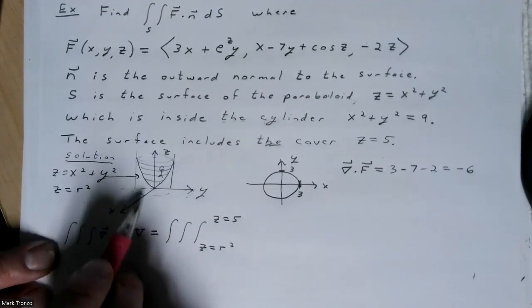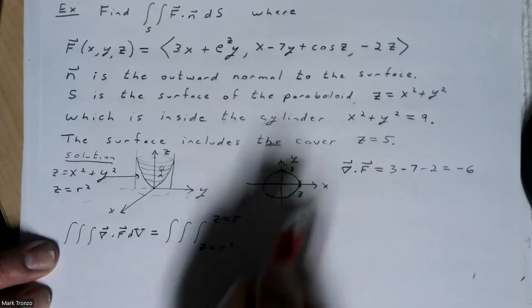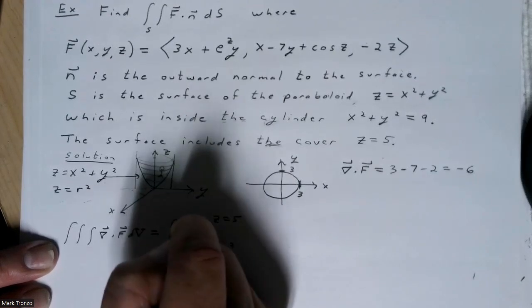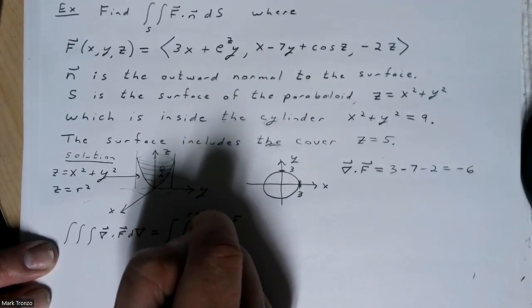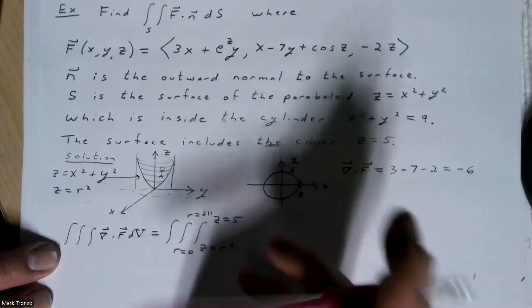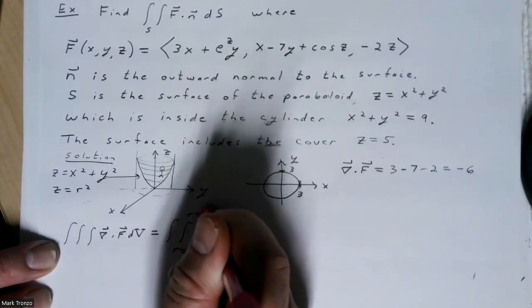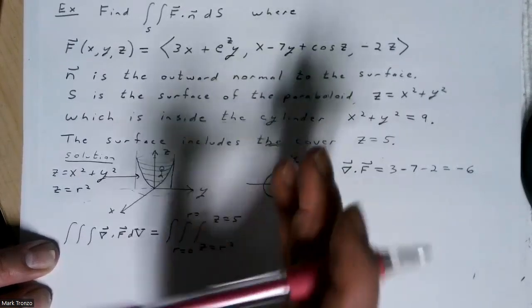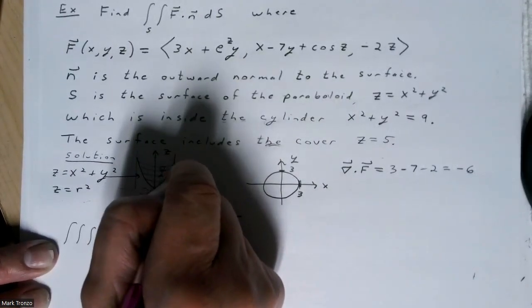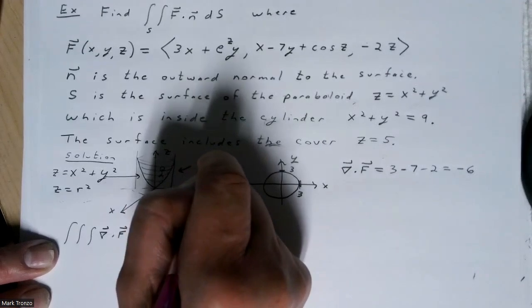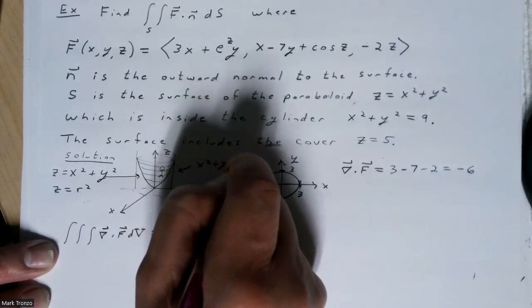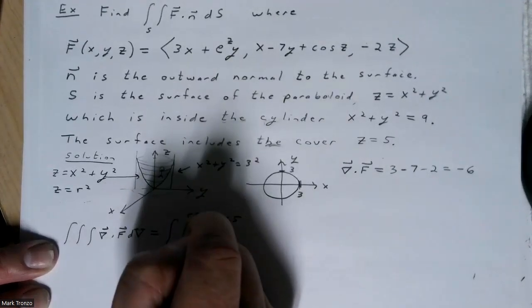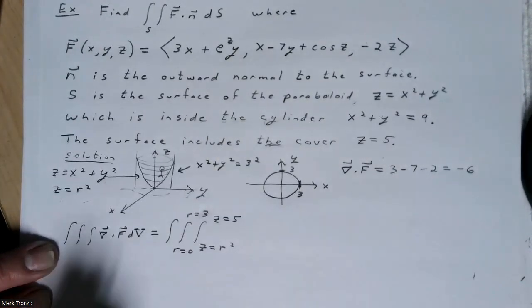And then, doing polar, we're going to go from r equals 0 to, excuse me, r equal 3 is the radius. Because remember, this cylinder here was x squared plus y squared equal 9, or 3 squared. So from r equals 0 to r equals 3.